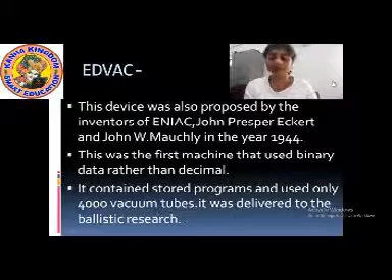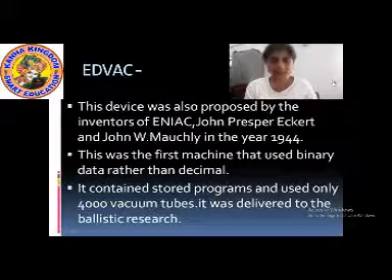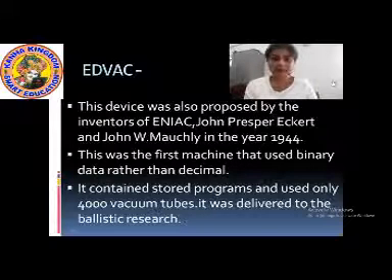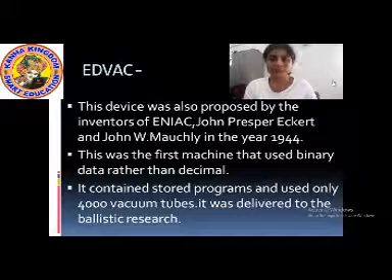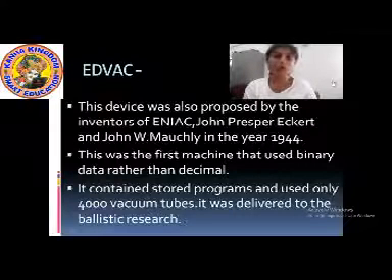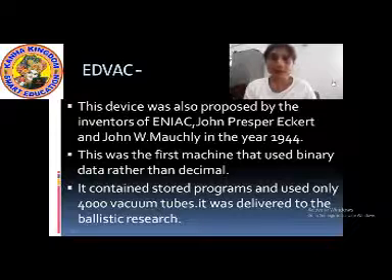This computer was proposed by the inventors of ENIAC, John Presper Eckert and John W. Mauchly.